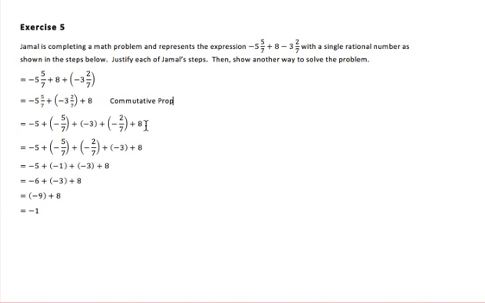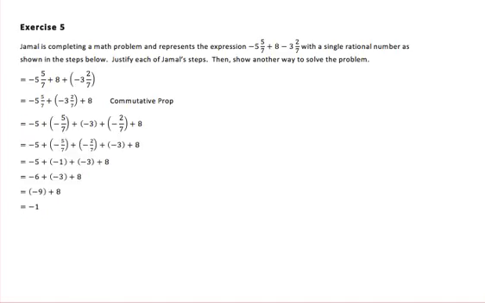After splitting those apart, he then combined the fractional parts, moved them around using the commutative property, and the negative 5/7 and the negative 2/7 add together to get negative 7/7, which we know is negative 1. So that was addition.